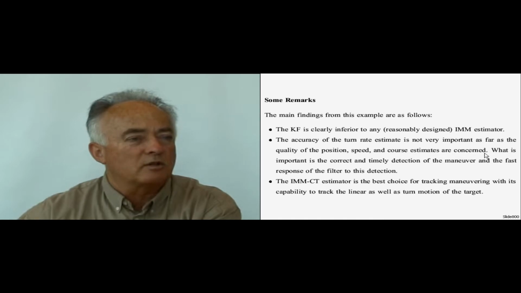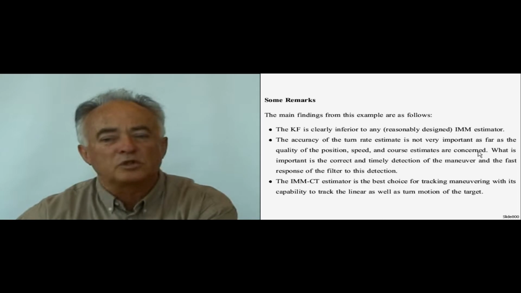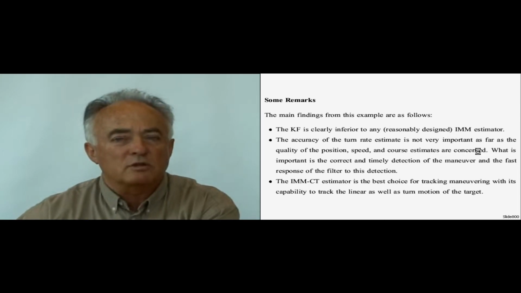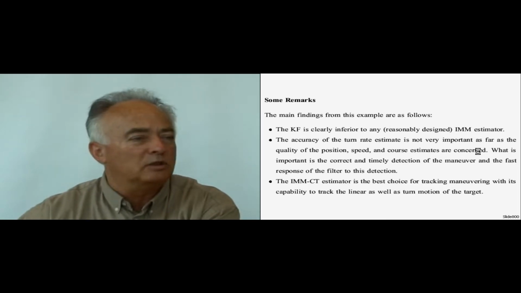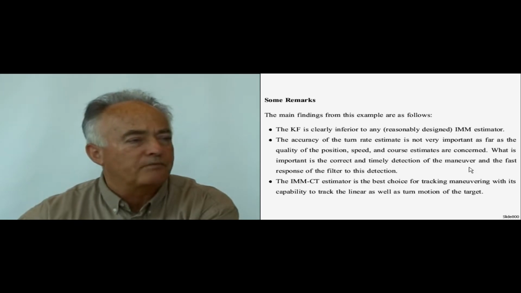It turns out that a closer look at the results shows that the turn rate estimate is not very good. Nevertheless, just having it helps the remaining 4 state estimation errors to be significantly lower. And also helps in the timely detection of the maneuver.